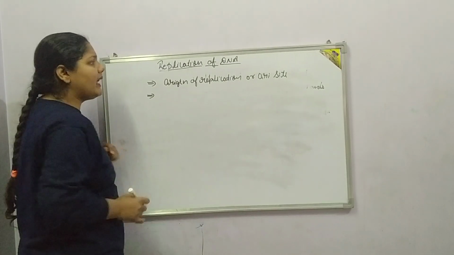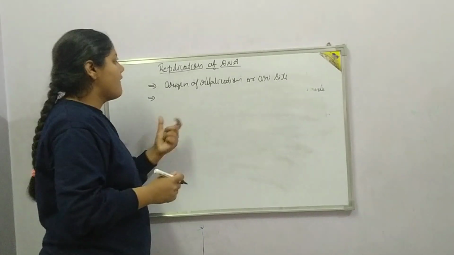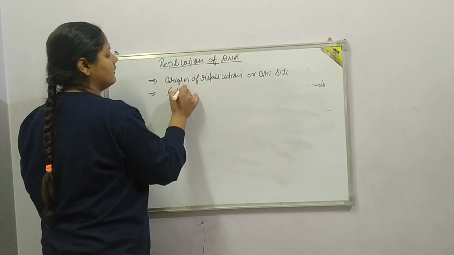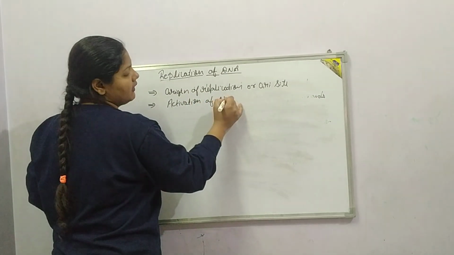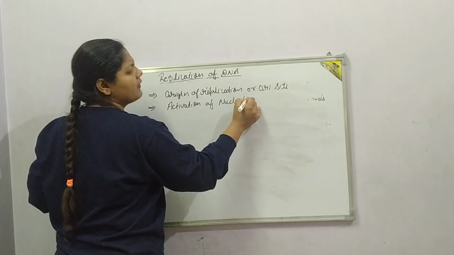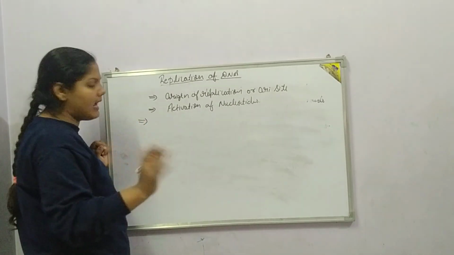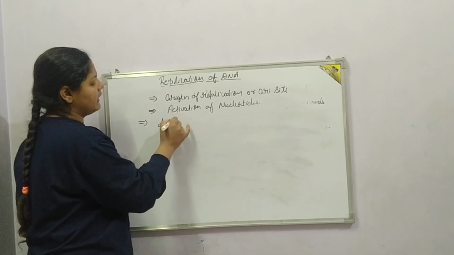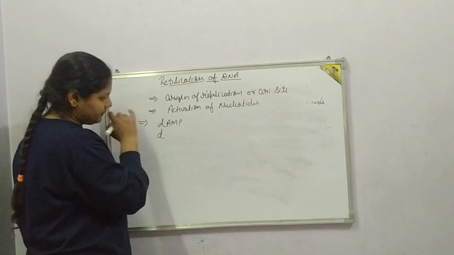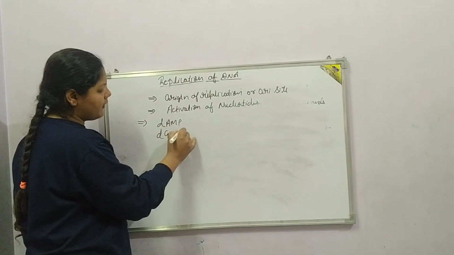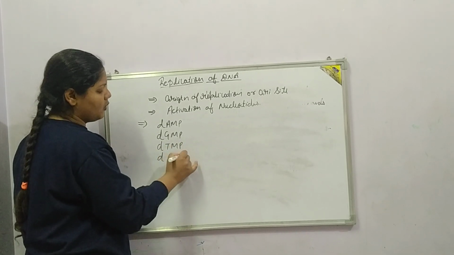Secondly, the replication of DNA takes place in certain steps. First step is activation of nucleotides, or we can say deoxyribonucleotides. Fine. Four such nucleotides are there: deoxyadenosine monophosphate, deoxyguanosine monophosphate, similarly thymidine monophosphate, and then cytidine monophosphate.